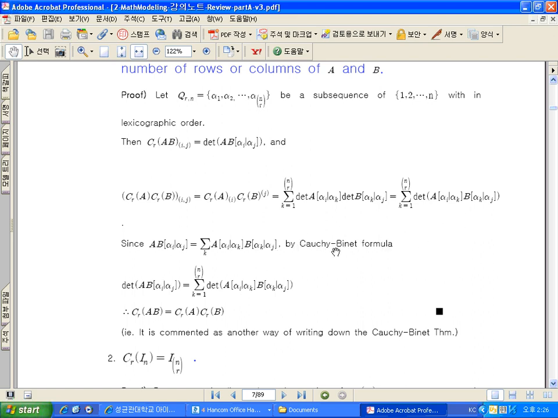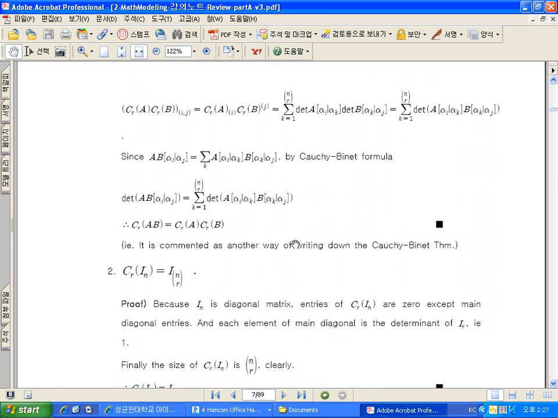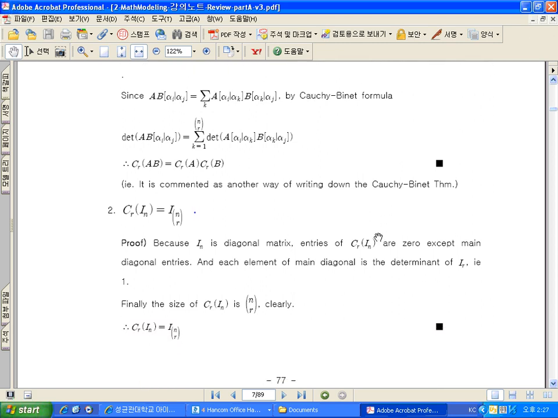Then we use the Cauchy-Binet theorem, which makes the summation of the submatrices of A times the submatrices of B become the submatrix of AB of this form. Then we can find the relationship between these two terms that leads us to the conclusion that we would like to find. So we now use the Cauchy-Binet theorem that we will introduce soon.